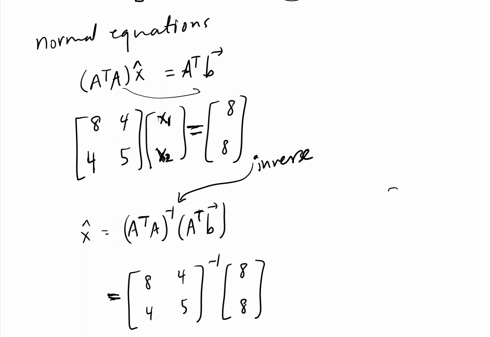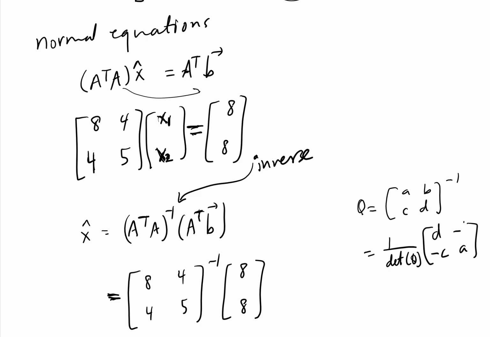If you have a matrix Q with entries a, b, c, d, to find its inverse, we do 1 over the determinant of Q times the matrix where we swap a and d and switch the signs of b and c.